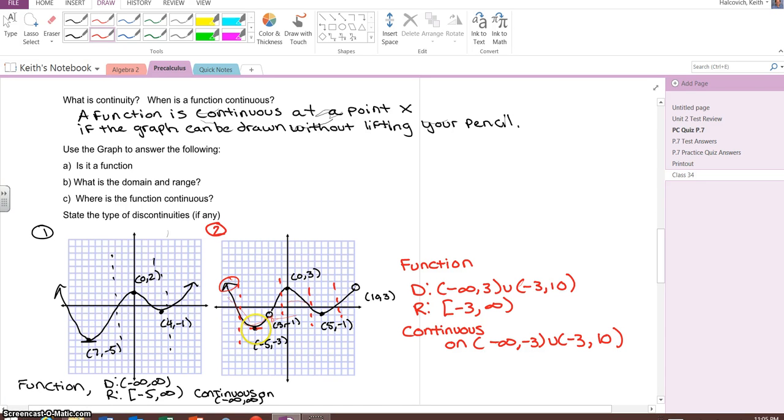Well, if you notice, it would be continuous except for these holes. So basically, this is an example of removable discontinuity. And it happens at two places, at x equals -3 and at x equals +10. That's removable discontinuity. All right, let's turn the page.